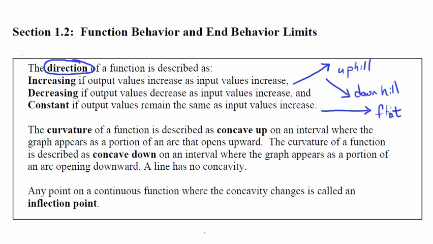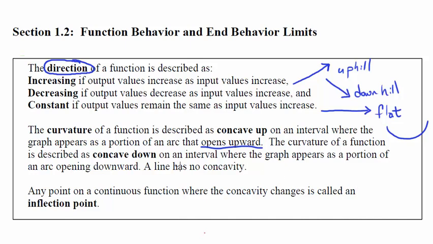Now, what might be new to you is thinking about curvature. The definition that your book uses is a little limited, so we're going to expand on that. When you're thinking about curvature, if you're concave up, the definition your book uses is that it opens upward. That's a little redundant in that you're using the "up" in the definition as well. But concave up, if I think about something that's concave up, it might look like this.